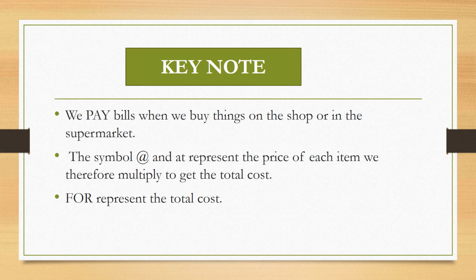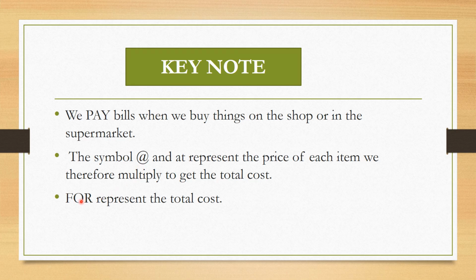So when you see this sign here, it means that the price given is for only each item or for one item. So this sign here represents that each item is being sold at that particular price. So for example, if I write 2 rubbers, each at 12 shillings, it means that one rubber was costing 12 shillings.